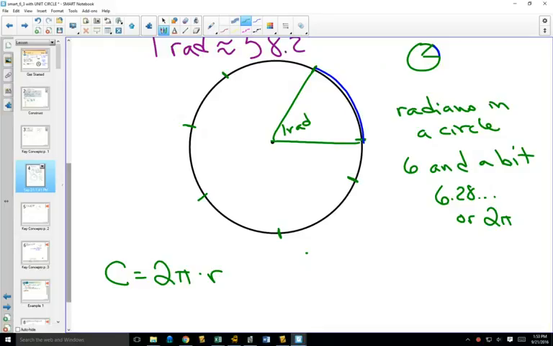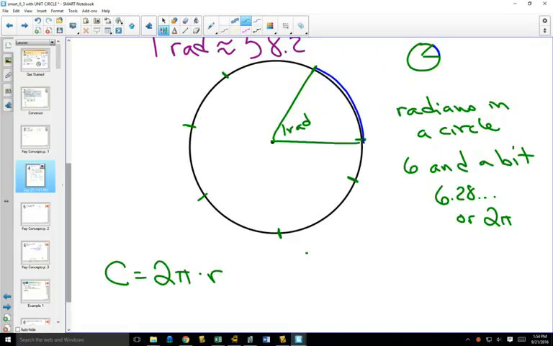Because when we talk about things being the same, 10 inches is the same as 25.4 centimeters. Those are the same. And we can take that and figure out that 1 inch is 2.54 centimeters. We have information here to compare degrees and radians.